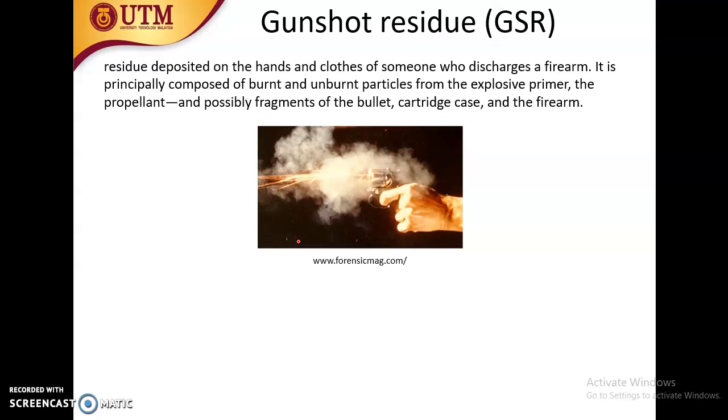It is actually composed of burnt and unburnt particles from the explosive primer and the propellant. Most of the materials are inorganic material, so this category is a solid sample containing inorganic analytes.